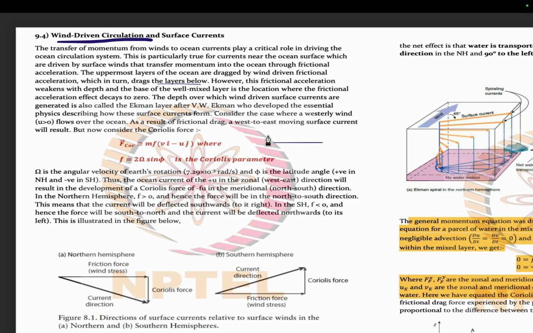It acts like a frictional force and goes to zero at depth.